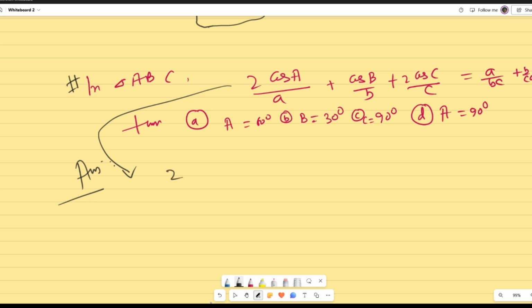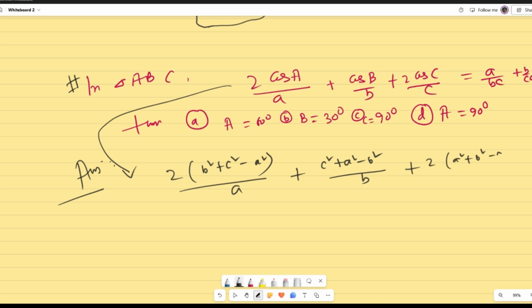Cos A is what? This by A. Cos B is what? I hope you have understood. So now take the LCM and add.